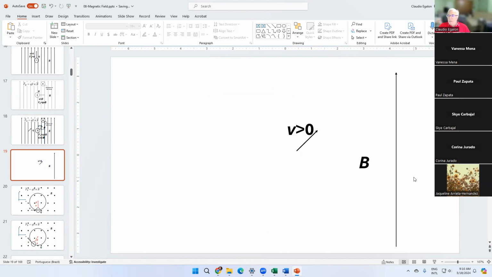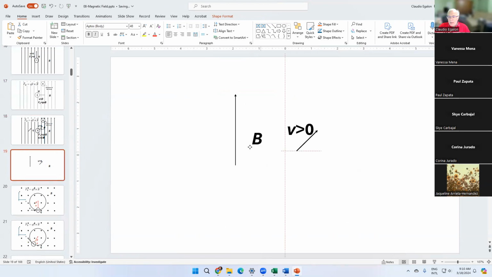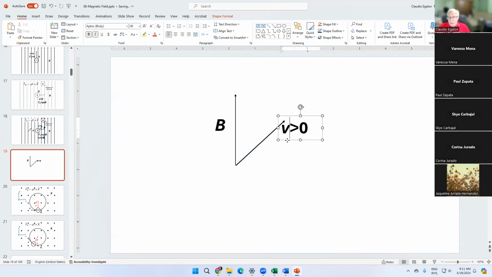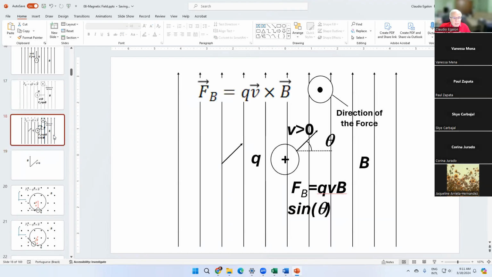So if you have a magnetic field vector in this direction, I'll put it as B here, and the velocity vector. They have to be tail to tail, just like mentioned before. And then I still need the angle theta.